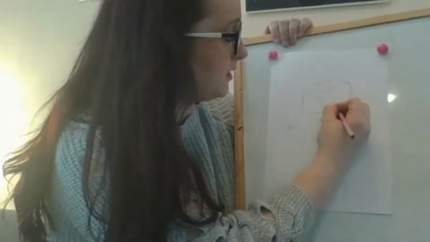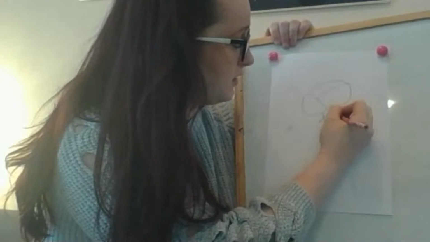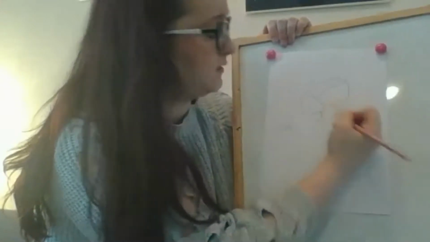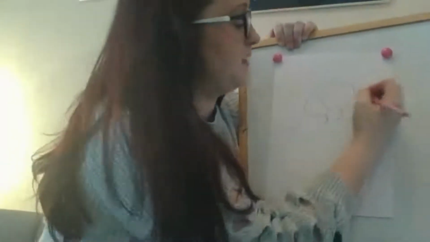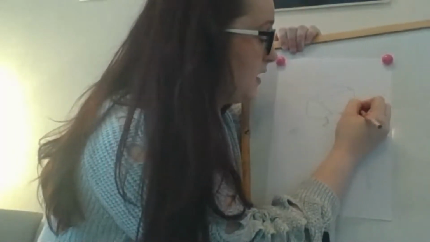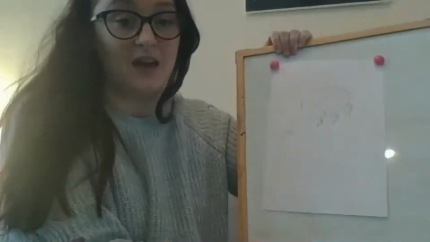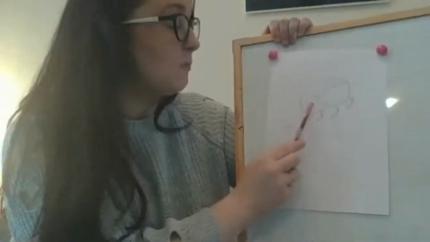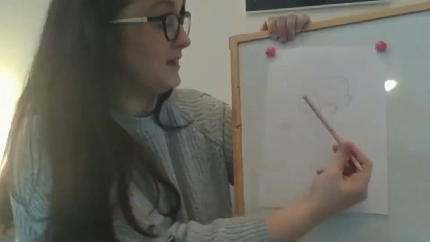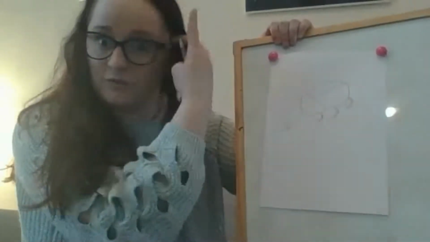And then I'd do the same again, going over those lines that I shaded really lightly. I've got another leg. And then I'm going to do another one for my back leg. And because my ladybird is an insect, how many legs does it have? It has 6. But just unfortunately, my insect, you can't see the other side of it, so you won't be able to see the other 3 legs.